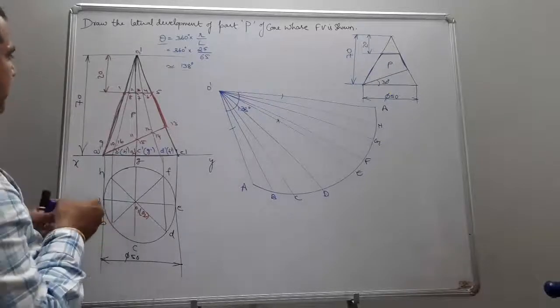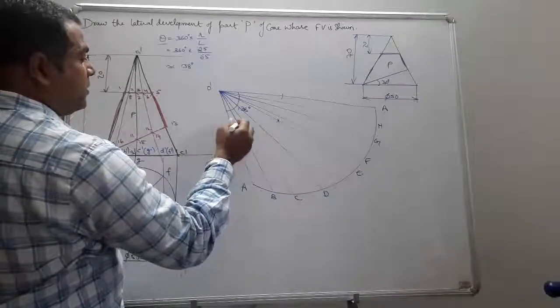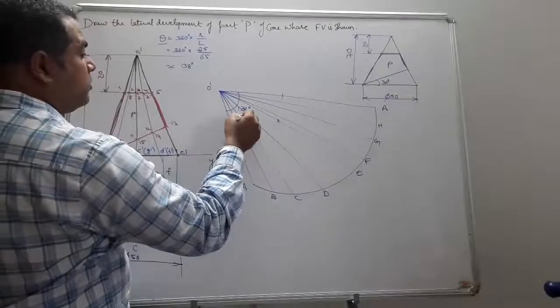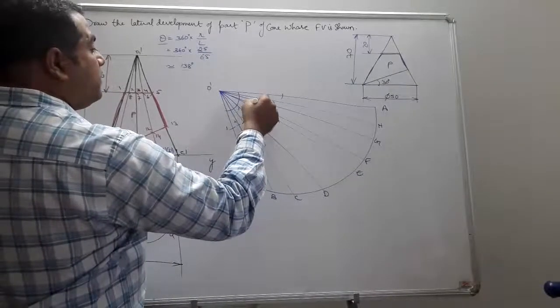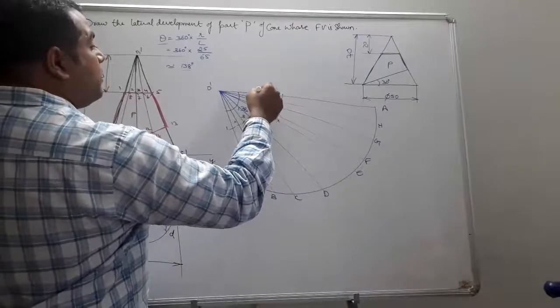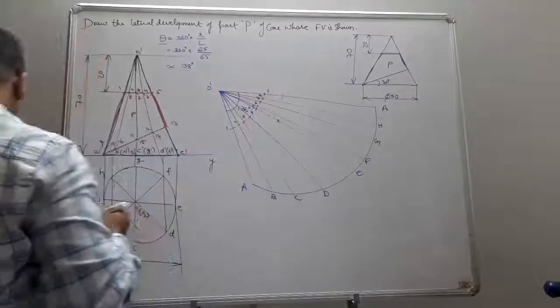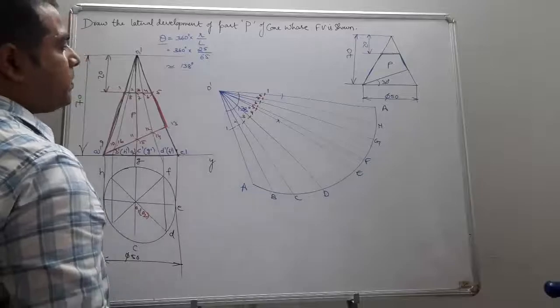So OA, this becomes your 1. Similarly 2, 3, 4, 5, 6, 7, 8, and again it comes to 1. Okay, students, is it clear?